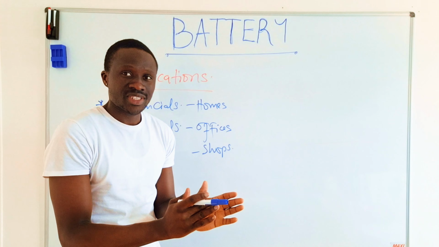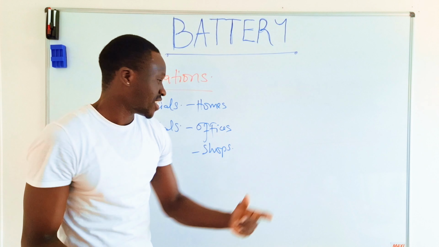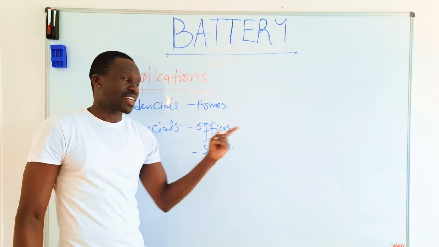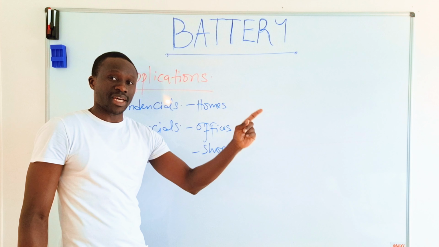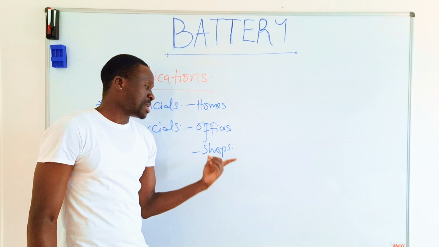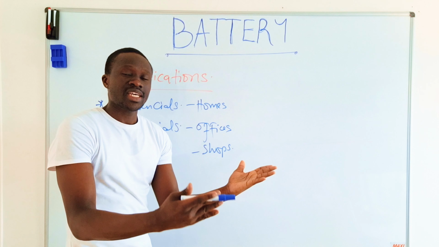They have small batteries to help you finish your work on the laptop. So it helps us in the office by use of those APS and UPS. APS, we said, is American power supply in full, and UPS is uninterrupted power supply, meaning that when power goes, you will not be interrupted.